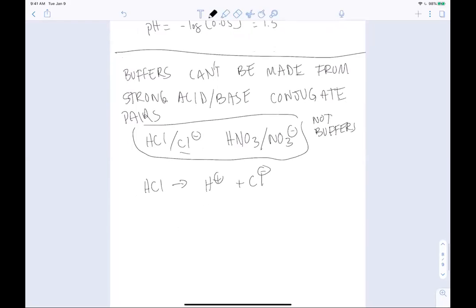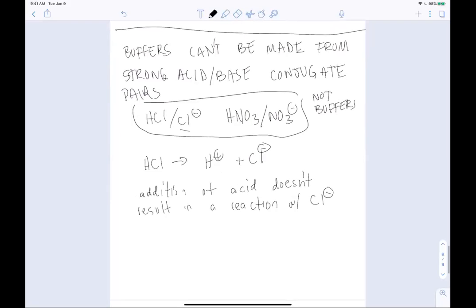So if I add, let's say, acid, the addition of acid doesn't result in a reaction with chloride. Somebody asked a question about this earlier. Addition of acid doesn't result in a reaction with chloride.